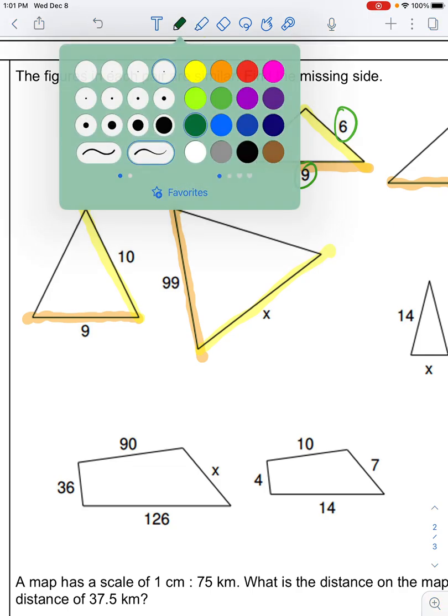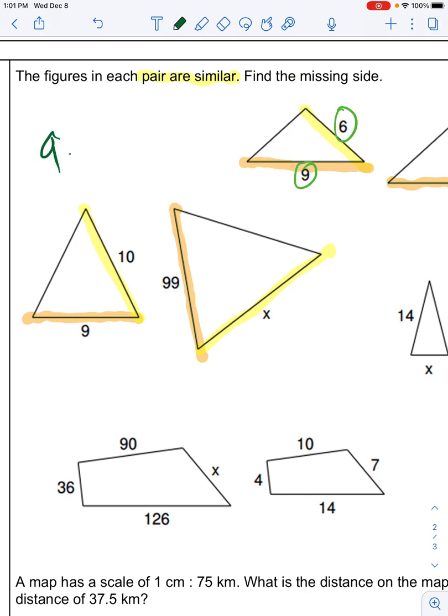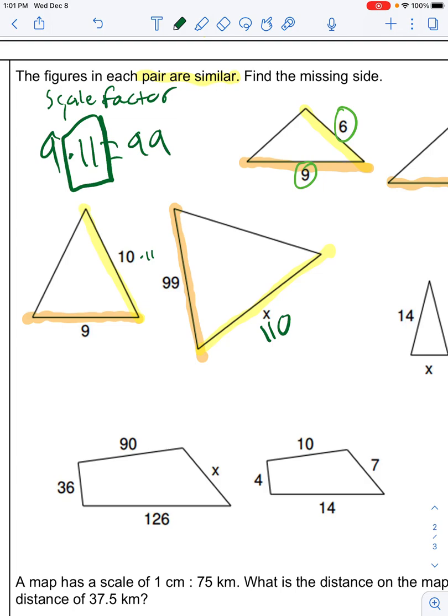Well, I know that 9 times 11 equals 99. So my scale factor is 11. So I can say, all right, well, 10 times 11 equals 110. So x is going to equal 110 because I'm using the scale factor of 11.